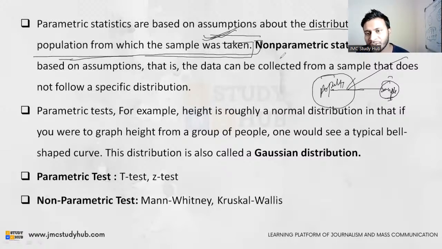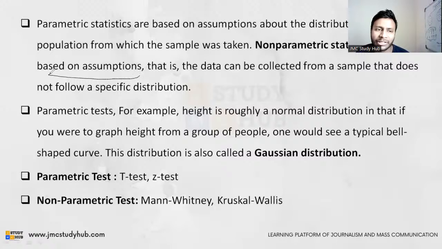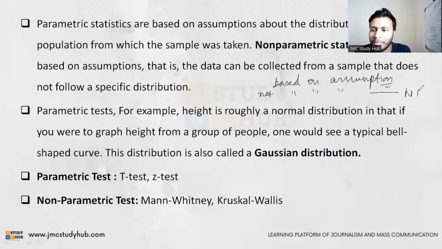If it is just the opposite, if it is not based on assumptions, then the data is collected from a sample that does not follow a specific distribution. So we have got the first difference between parametric and non-parametric: it is based on assumptions. If it is based on assumptions, then it is parametric. If it is not based on assumptions, then it is non-parametric.